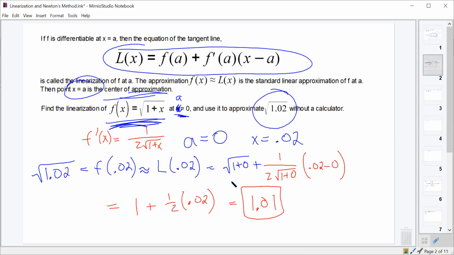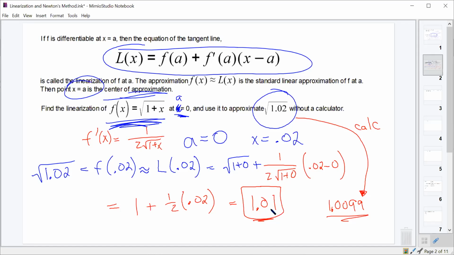But if you take your calculator and actually evaluate the square root of 1.02, somebody do that for me. 1.0099. So 1.0099 is pretty darn close to 1.01, isn't it? Yeah, so we could say that this is actually a pretty darn good approximation.